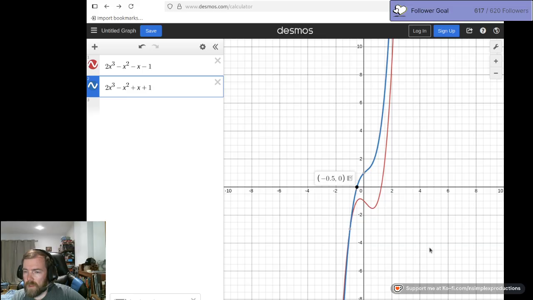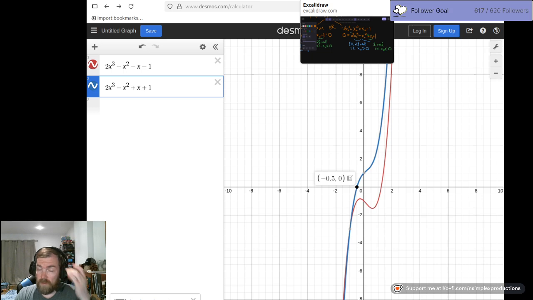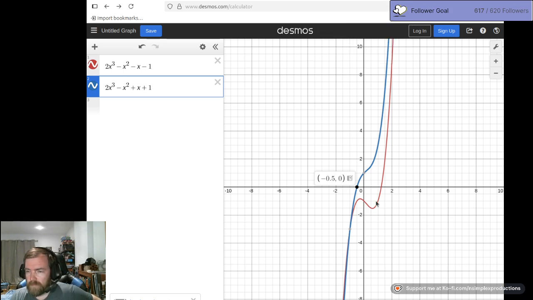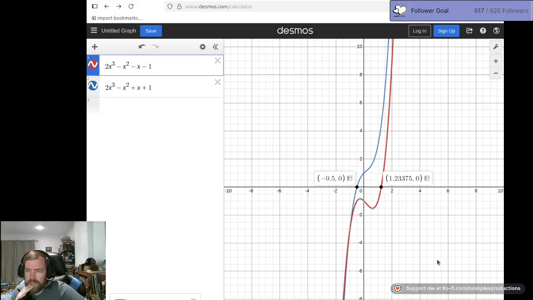And we get a nice value. So the other one, 1.23375. Anybody recognize that?